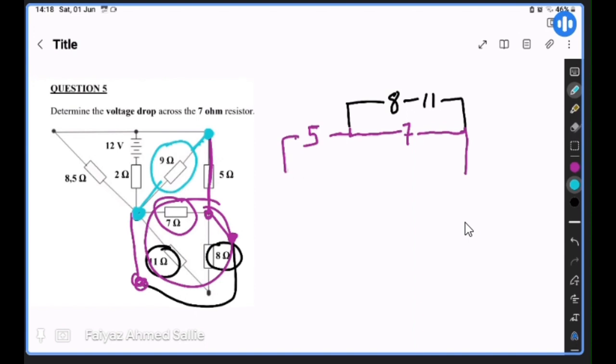So we're going to draw the 9 over here. Okay, so we are moving from right to the left side, right? So let's get a different color.